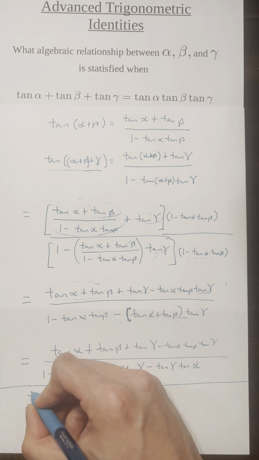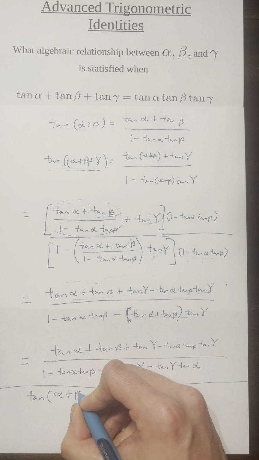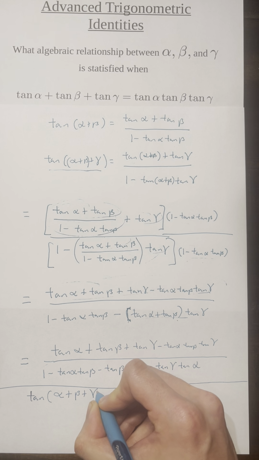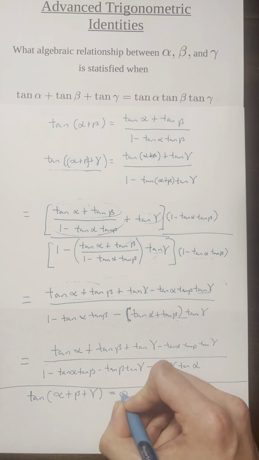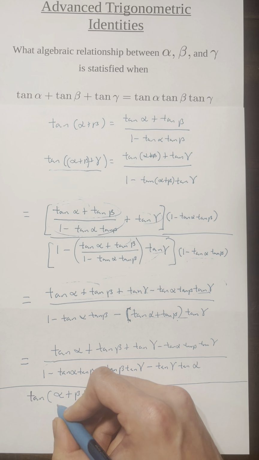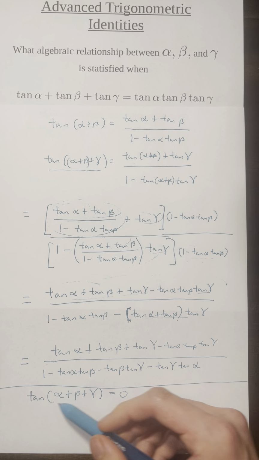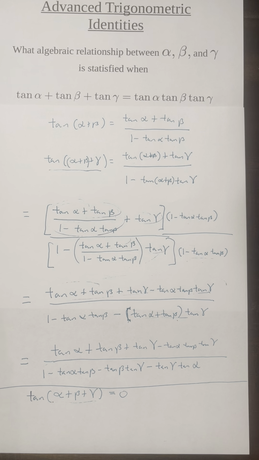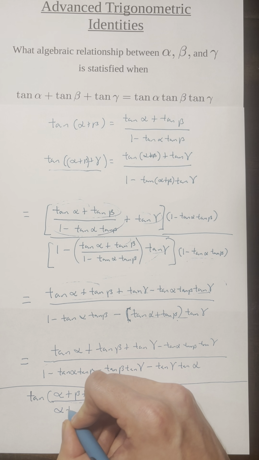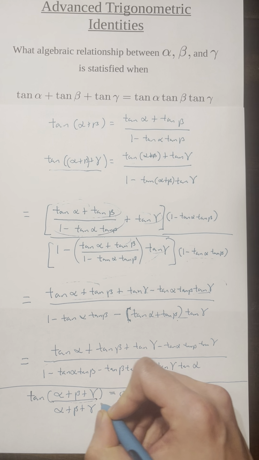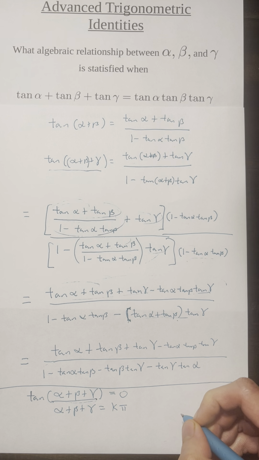So tangent alpha plus beta plus gamma is going to be equal to 0. So that means, well, when is tangent of an angle equal to 0? It's when what's inside the parentheses is equal to some integer multiple of pi.